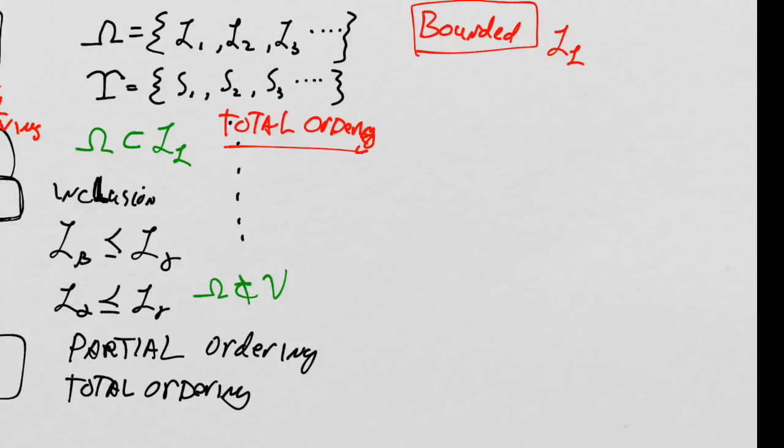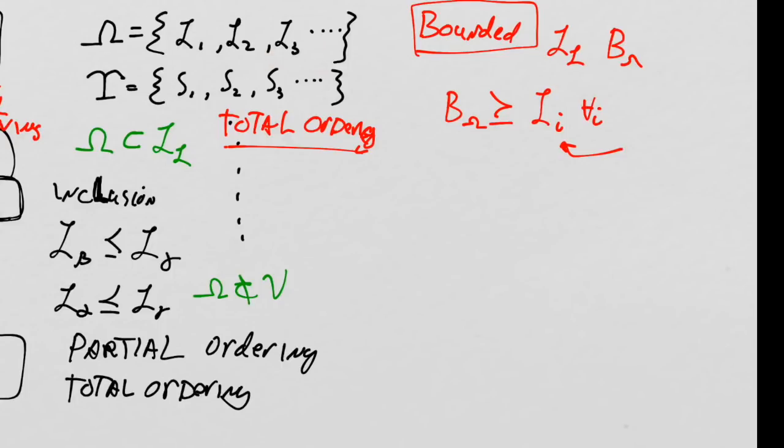Call that element B omega, say, where B omega is greater than L sub i for all i, for all the elements of that chain. So no matter what element of this chain you've got in omega, there is some element in L sub L that is bigger than every single one of them.